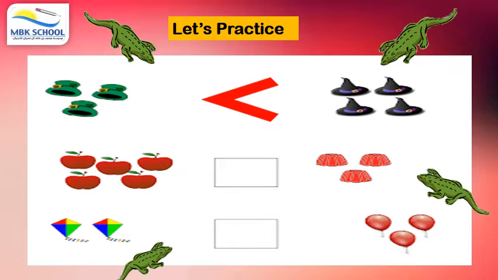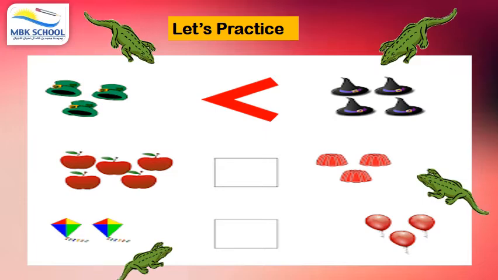Alright. Now we have here the second set. The first group is, let's count, there are 5 apples. And the second is 3 jellies.